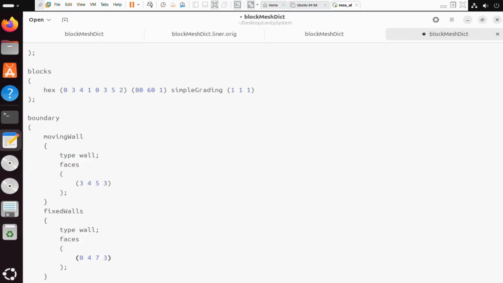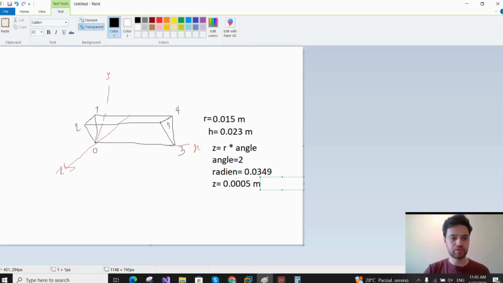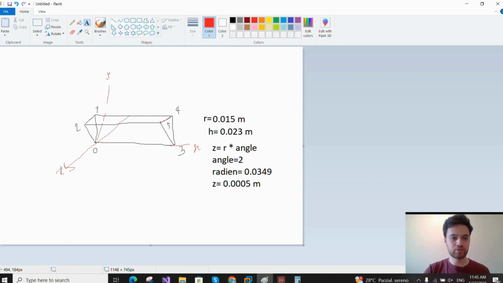Because I don't want to make a new one, I can also write one of the faces here, which is 0, 2, 1, 0. The fixed wall on the top of the cylinder, the surface will be something like 1, 2, 5, 4. I mean, this surface, the ball surface here.